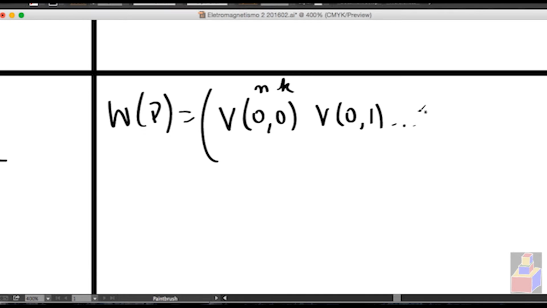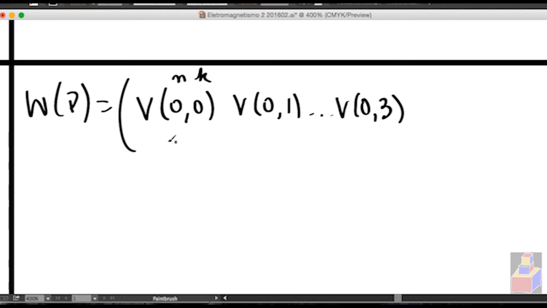Suppose that is 5. It's going to V0, in fact, 0 to 3. If we divide in 5 equal parts, we have only 4 points between charges. We don't want to end on the charge, so that's why I go until 3. So you have x0, y0, and so forth.